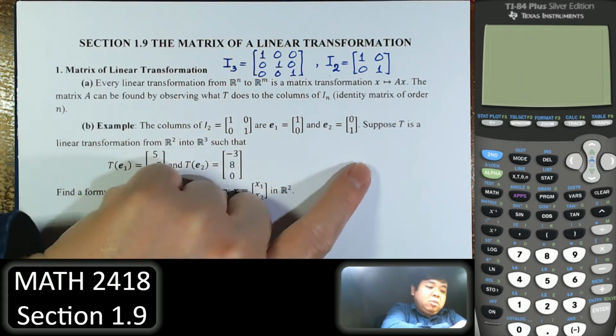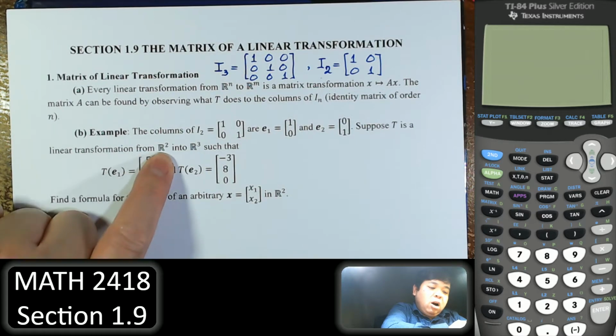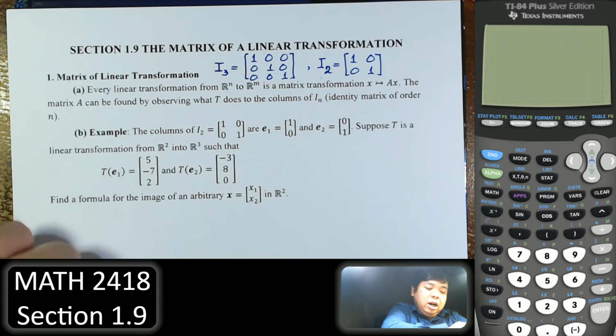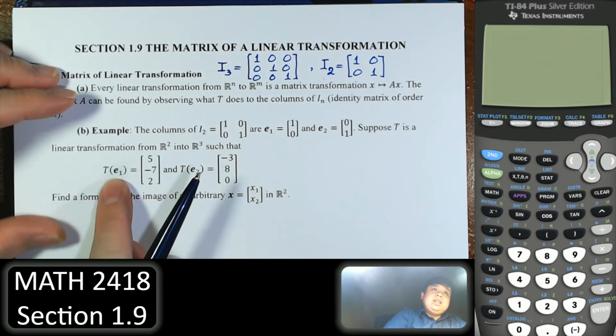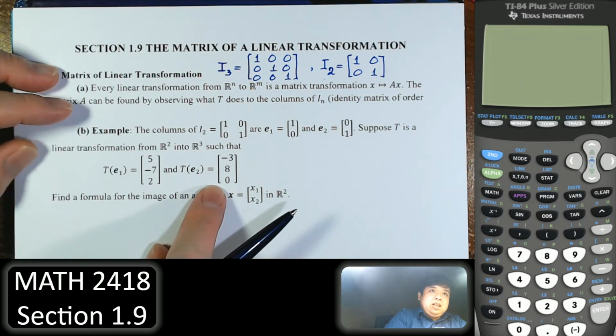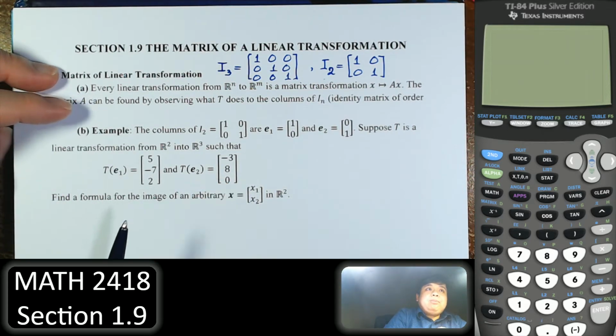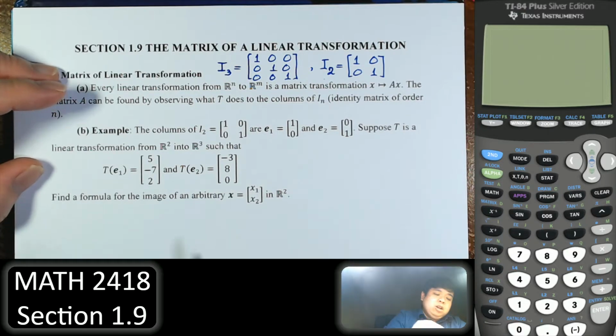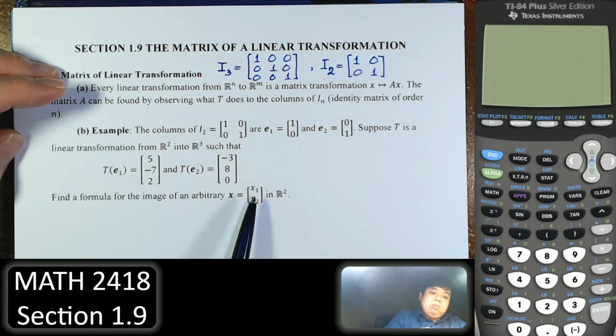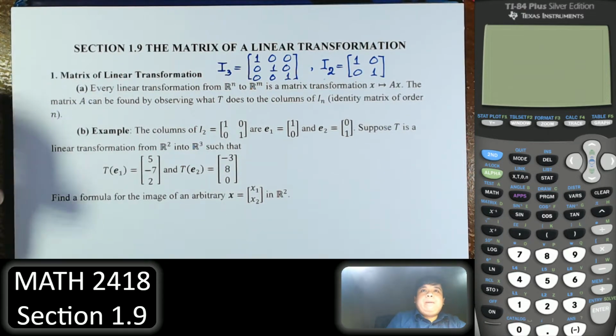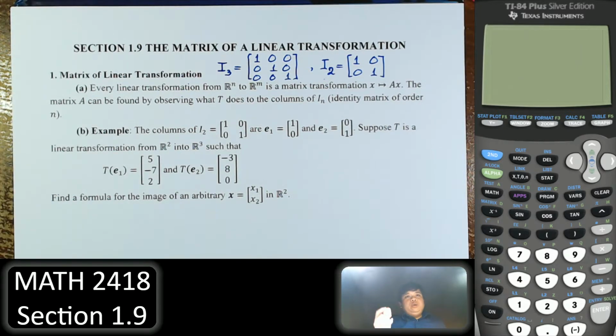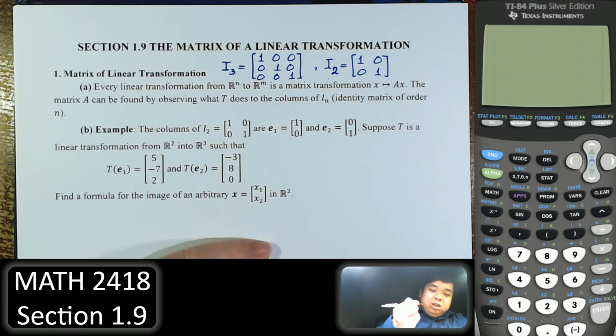Right. Now, the columns of the identity matrix of order 2 are 1, 0, and 0, 1, given as e1 and e2. Suppose T is a linear transformation from R2 into R3, such that T of e1 is equal to that, and T of e2 is equal to that. So how do we find the image of an arbitrary x1 and x2? To do that, we have to use the properties of a linear transformation.